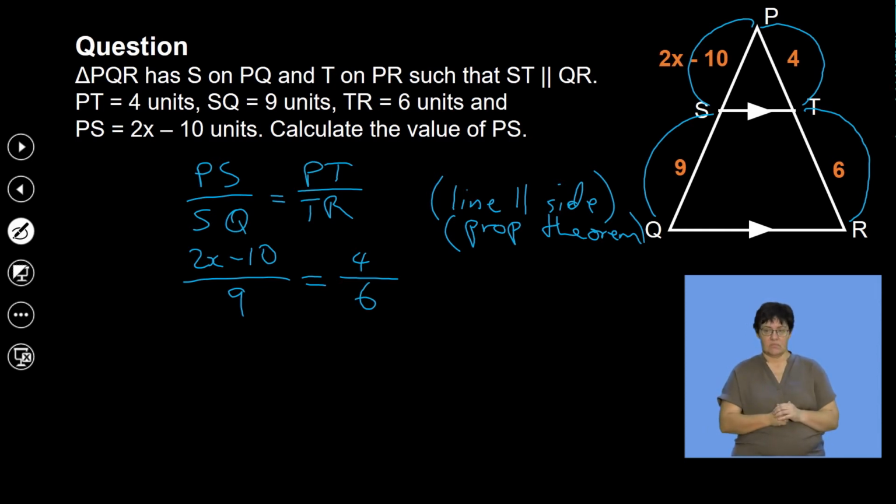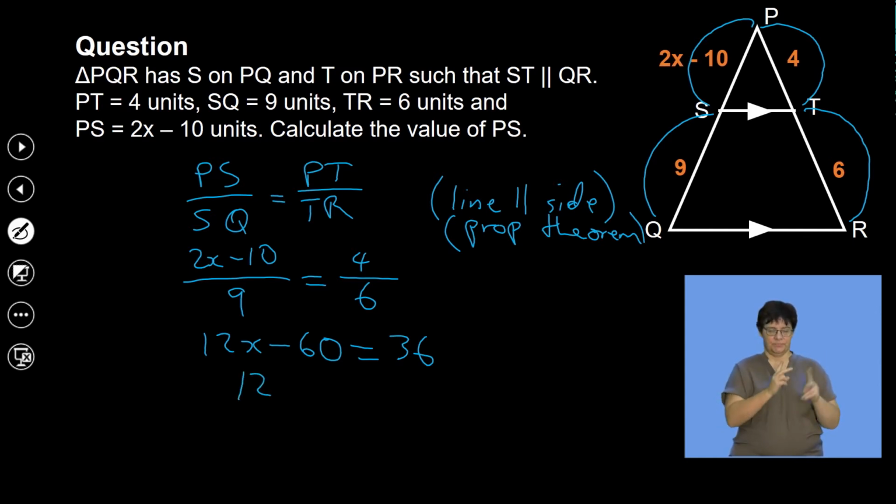Then you simplify this. I will have the 6 multiplied by the 2x there, which will give me 12x. The 6 multiplied by the 10 will give us minus 60. And then the 9 multiplied by the 4 there will give me 36. And then I can work this out, right?